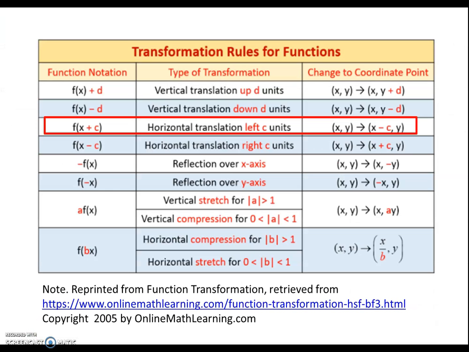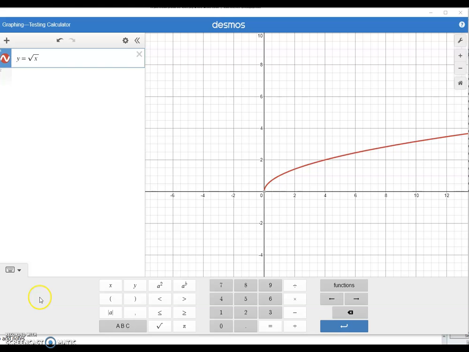All right, let us now go to our third transformation, which is the horizontal translation to the left by c units. And that one would look like this, where the plus c is inside the parentheses. But since we're talking about radicals, the plus c is going to be inside the radical sign. So once again, we are going to start with our parent function.